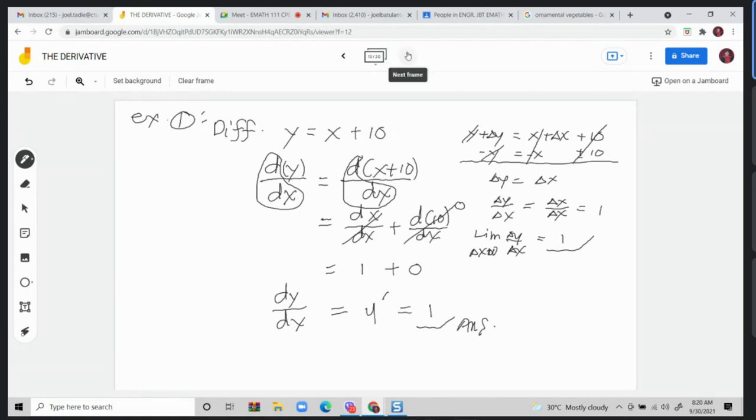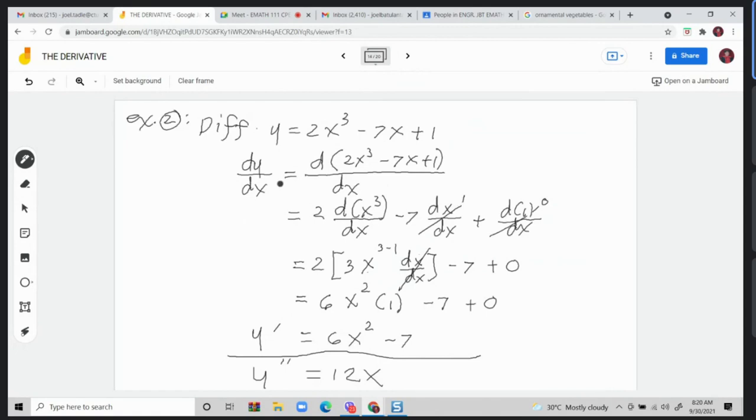So, another example, guys. Differentiate y equals 2x cubed minus 7x plus 1. The same process: differentiate both sides of the equation. So we have dy over dx equal to the derivative of the given function with respect to x.